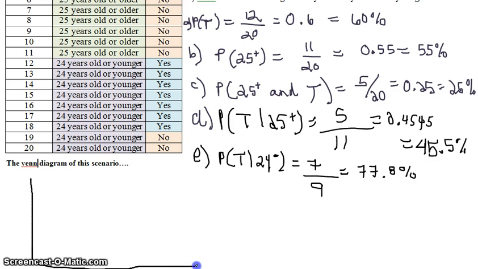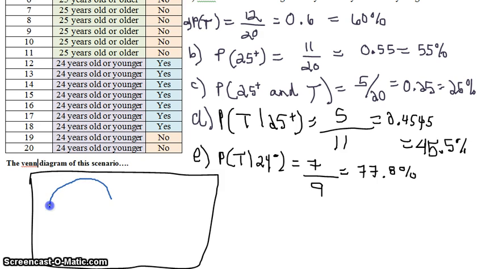We always start off when we draw our Venn diagrams with our entire sample space. We've got our big box, and maybe we want to draw a large circle for our 25 plus group. It doesn't really matter which one you choose, 25 plus or 24 minus. It will give you the same information, just look a little bit different.